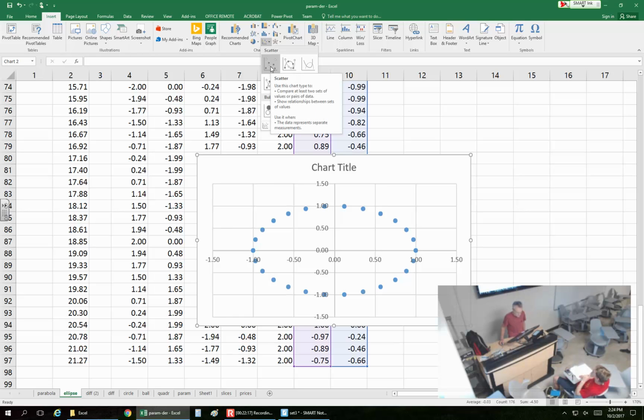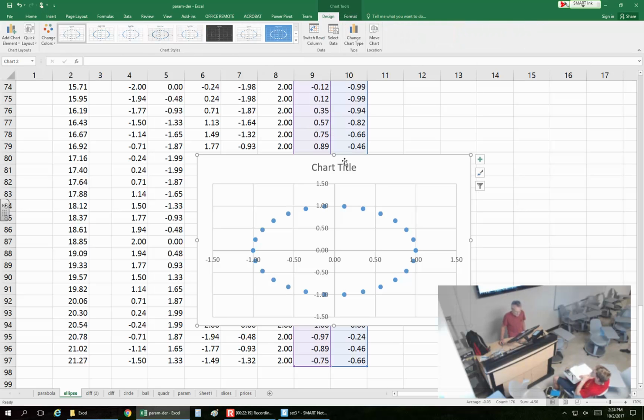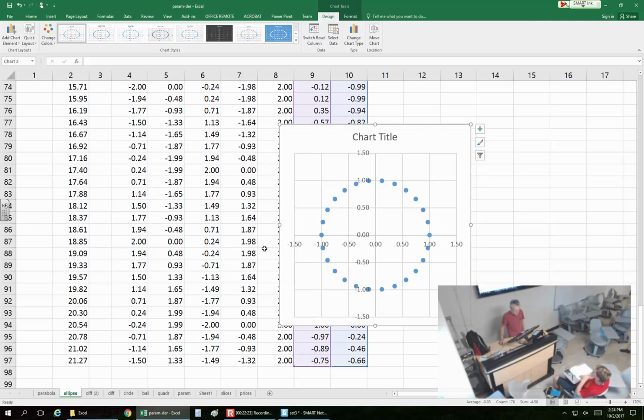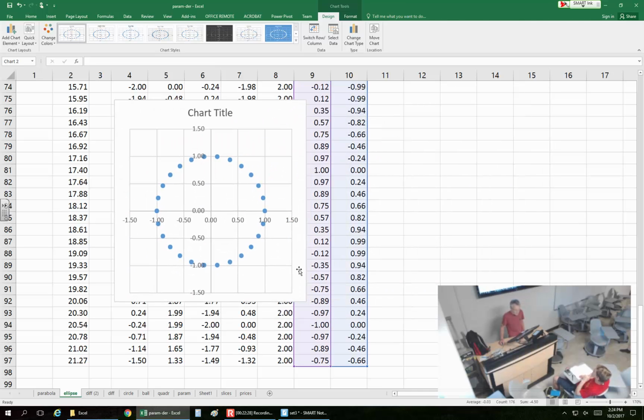So what's so special about this curve? That it has a radius of 1. In other words, indeed, these are vectors and their magnitude is 1.